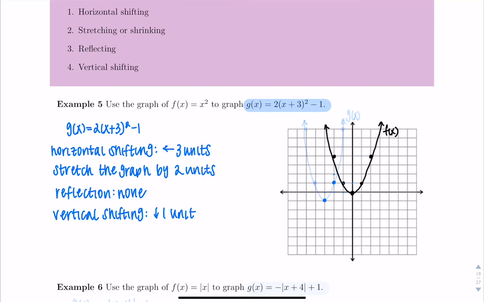Let's do the same thing with -1, 1. So we're going to move it 3 units to the left. You want to stretch it by 2, so multiply by 2. So now we're going to move back up to 2. And then we're going to shift it down 1 unit.